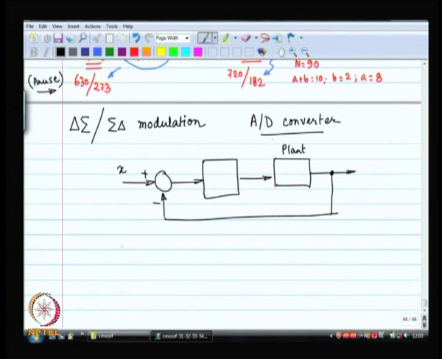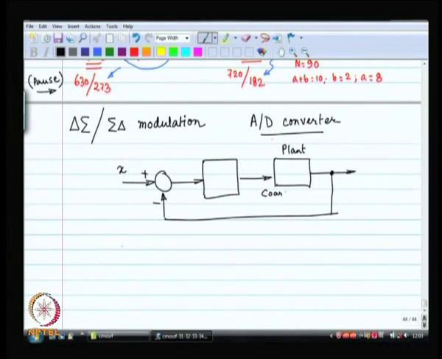The plant that I am talking about over here is an A to D converter, it is a coarse A to D converter. The coarsest A to D converter that you can possibly think of is a 1 bit A to D converter. It is usually quite popular to put a 1 bit A to D converter as the plant over here.